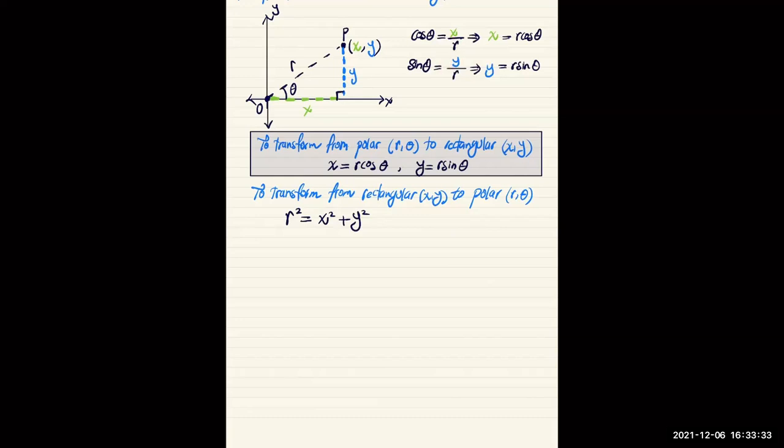But to go directly from xy to theta, just do tangent inverse. We know tangent of theta is y over x. Whatever you get for y over x, you do tangent inverse of that, and that should give you theta. Okay, so let's see how these transformation rules work.